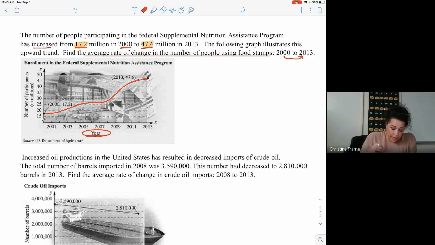So that's our run. And because we're finding average rate of change, what we're looking for is per 1 year. In the rate of change, we want 1 in the denominator. So how much is it changing per year?